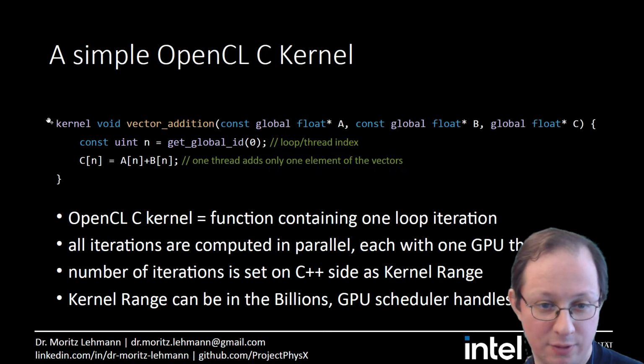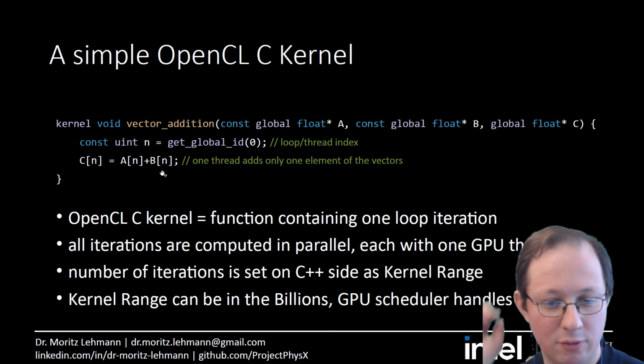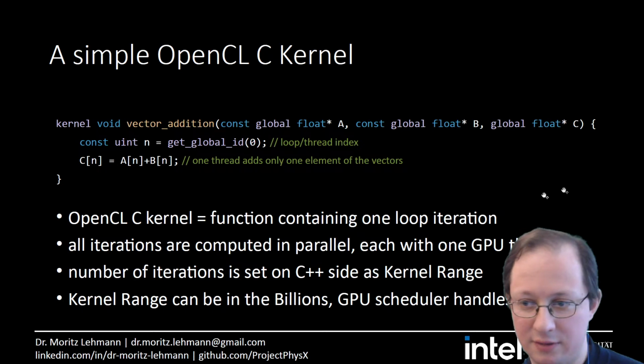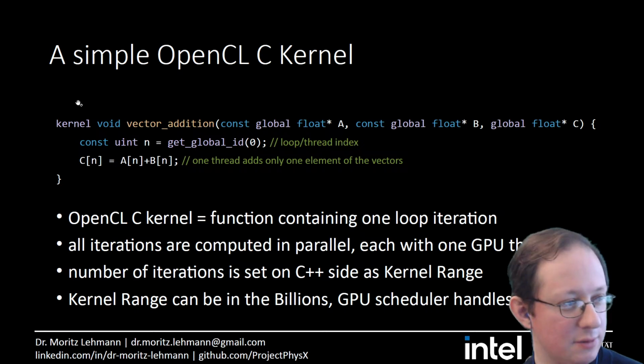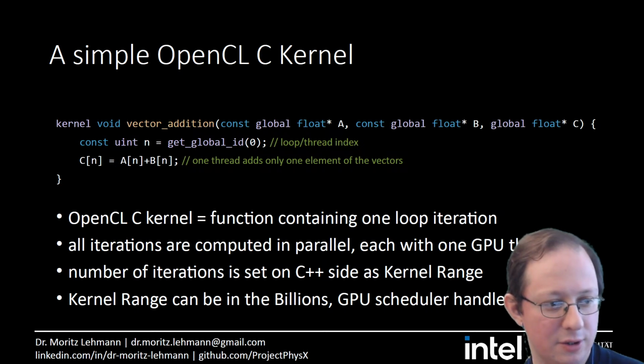Those of you who read code can see that we're just adding two vectors together, and you might wonder why, if you've never seen any GPU code, we're only doing one single addition. We're saying C element n is equal to A element n plus B element n. That's just one element. But of course, this is going to get executed thousands or tens of thousands of times in parallel by multiple threads. I suppose that's what you're saying, Moritz, yeah?